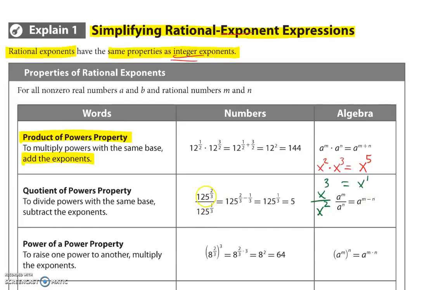So we're going to do the same thing here. 125 to the power of 2/3 divided by 125 to the power of 1/3 is 125 to the power of 2/3 minus 1/3, which is 1/3. And 1/3 exponent is the same thing as the cube root of 125, which is 5. So for quotient of powers property, we subtract the exponents.